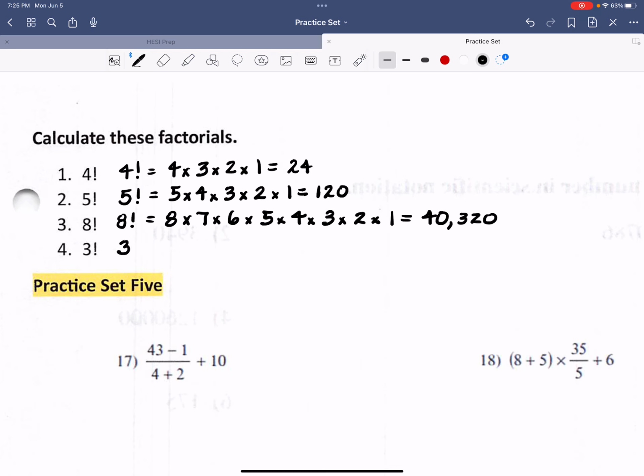And 3 factorial, that's going to be a 6, because we're only multiplying from 3 down. And there she be. End of practice set 4.